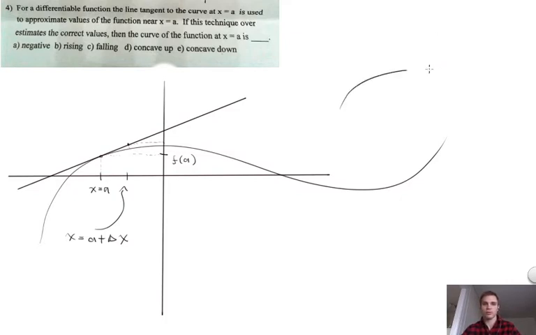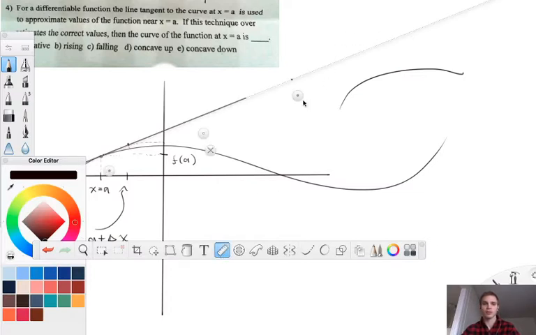Really sloppy. So here's our curve, and then let's use the ruler since I can't draw straight lines to save my life. I'm going to even change this a little bit so it's more pronounced. So this is f of a, and here's f of a plus delta x, and then here's our approximation of it.